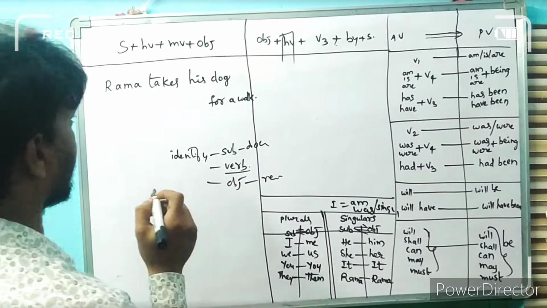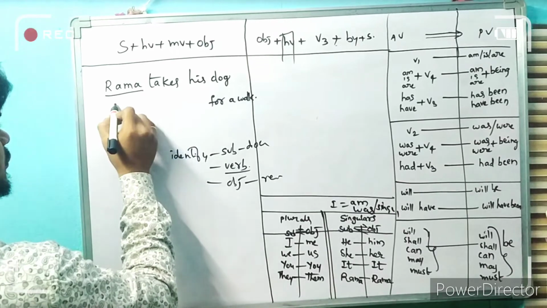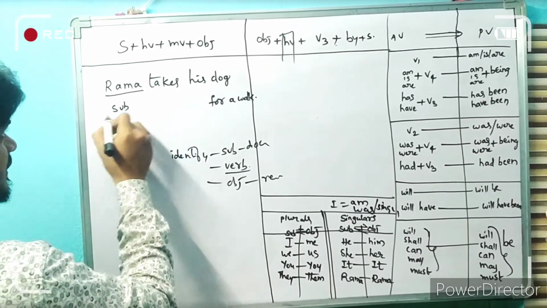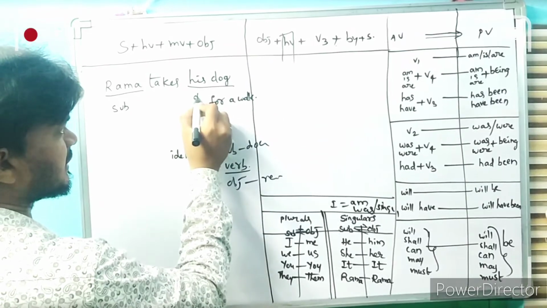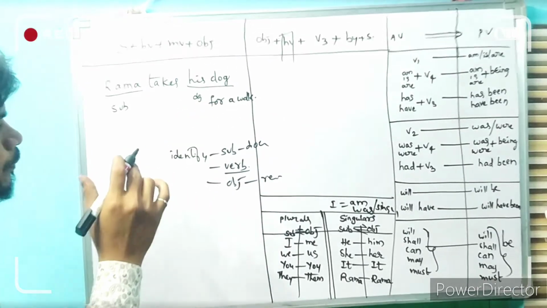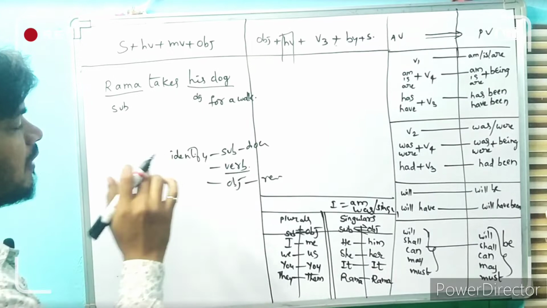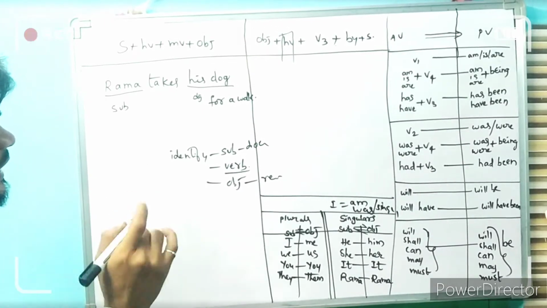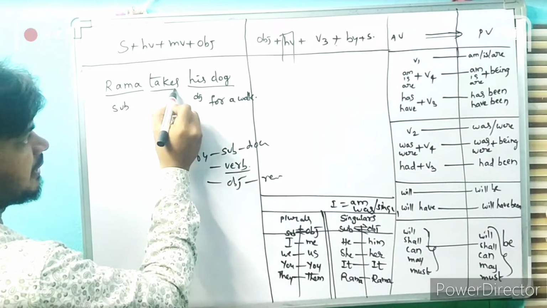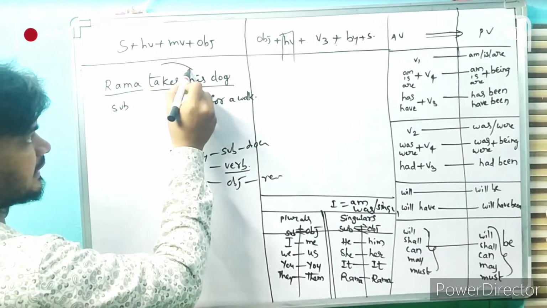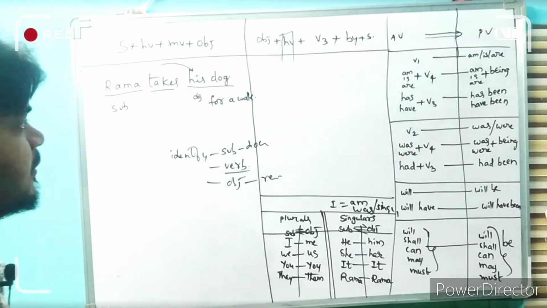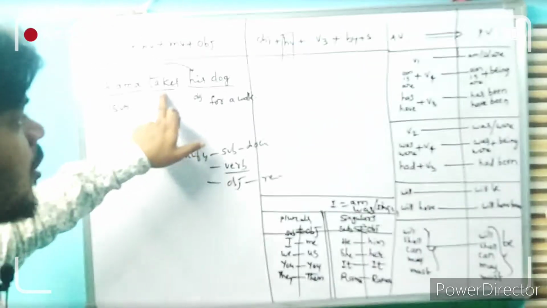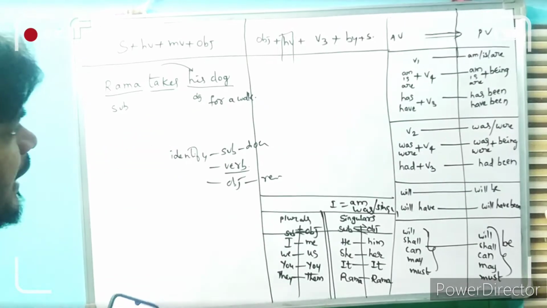Here, who takes? Rama. So, this is the subject. And now, his dog is the object. How to identify the object easily? See, after the verb, maximum 90%, immediately after the verb the object follows.